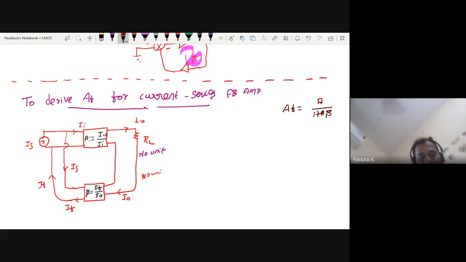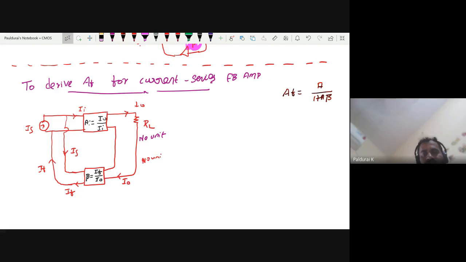That story you know. So can anyone derive by yourself? Where do you want to start? For this structure, my closed loop gain, output is current, input also current, so I out over I S.